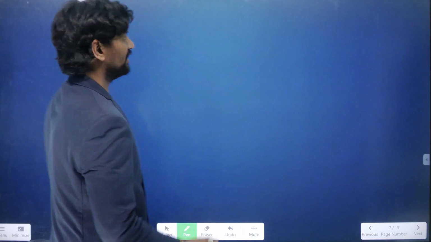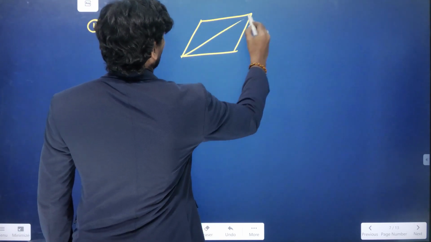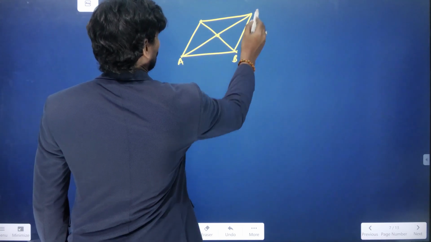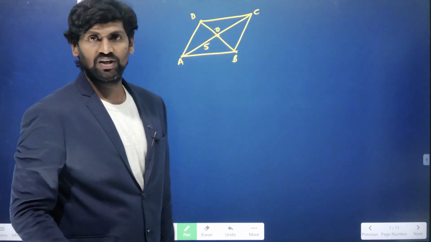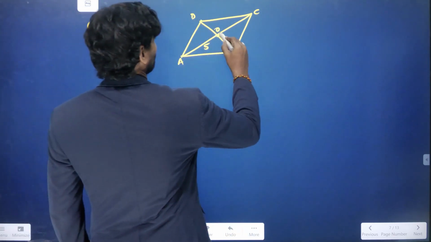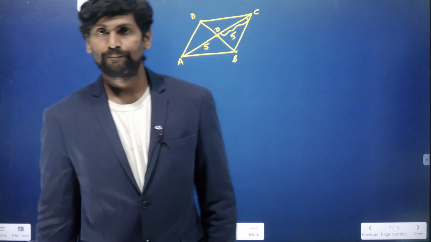AC and BD are diagonals intersecting at O, and OA equals 5 centimeters. Then OC is also 5 centimeters, because in a parallelogram the diagonals bisect each other. That's it. Very easy problem.